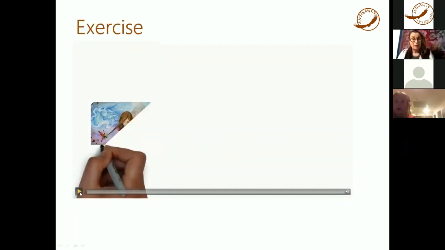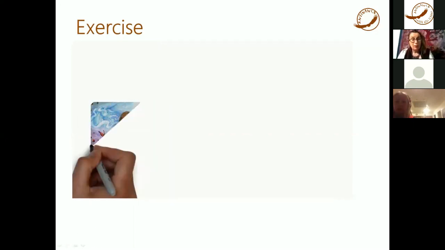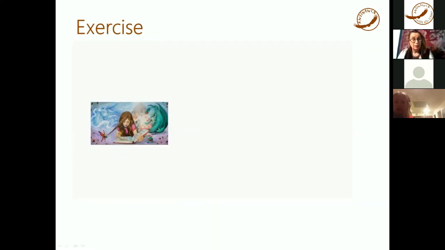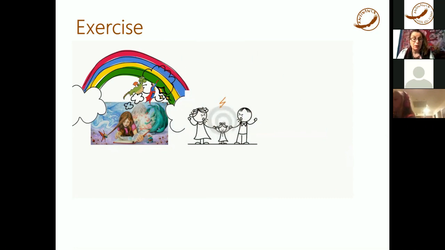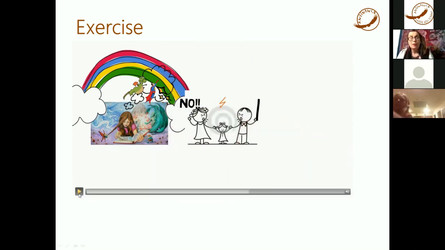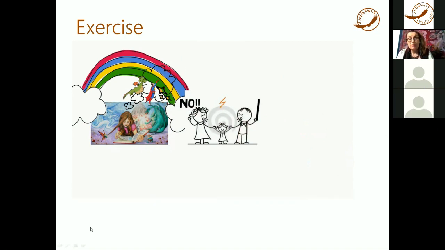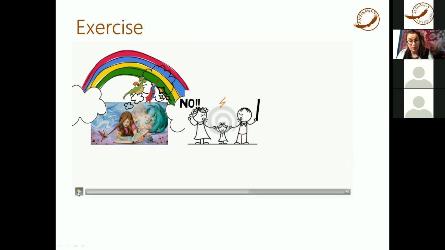Here's a girl, and her name is Karina, and she loves to read fantasy books. That's how she likes to spend her time. She likes to read about dragons and unicorns, and the other side, the conflict side, is her parents, and they're not happy with that. Why?